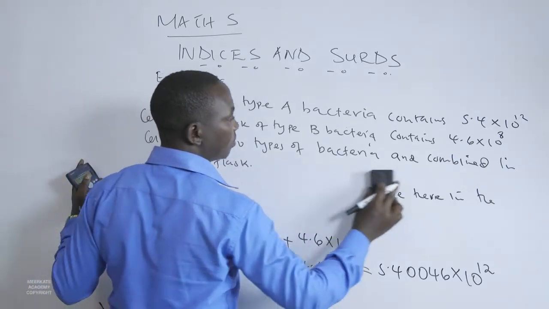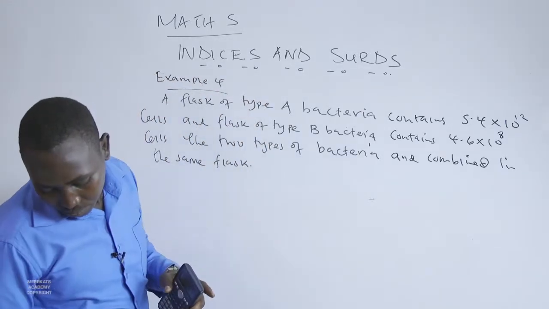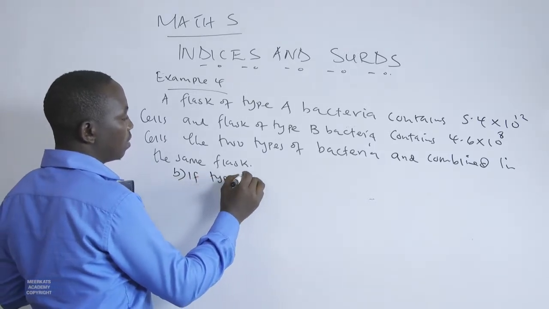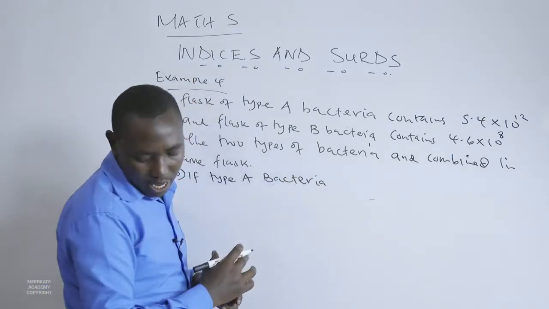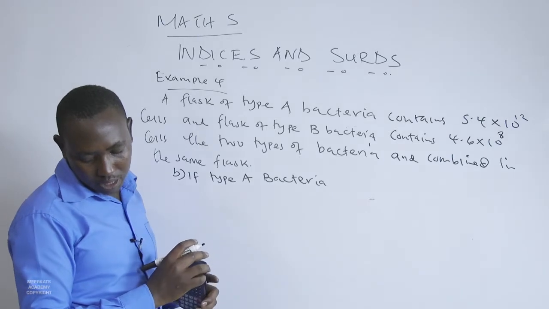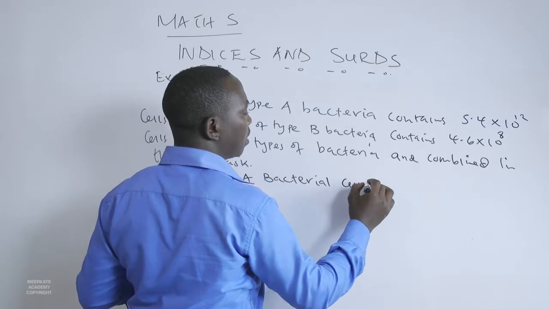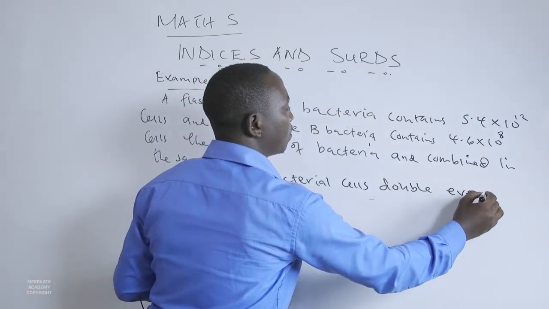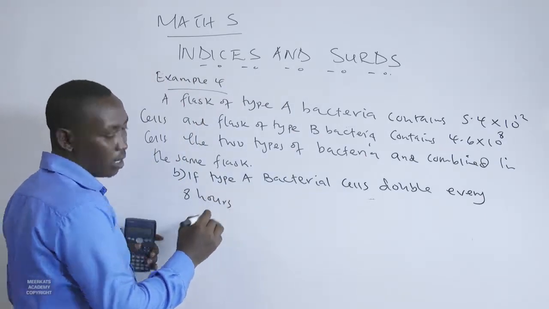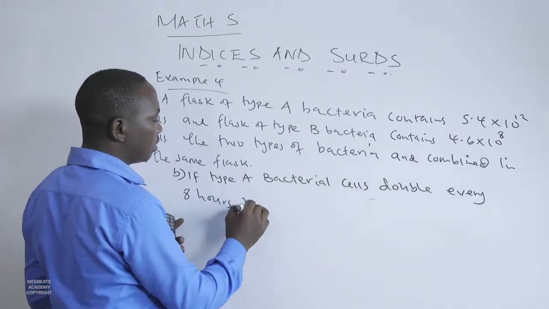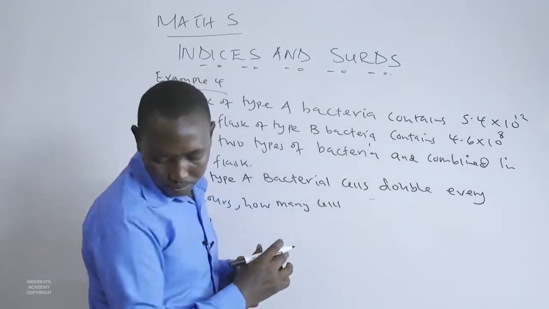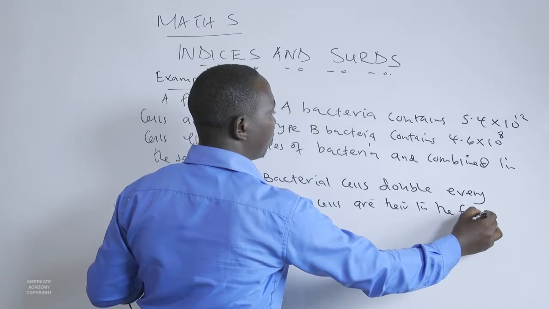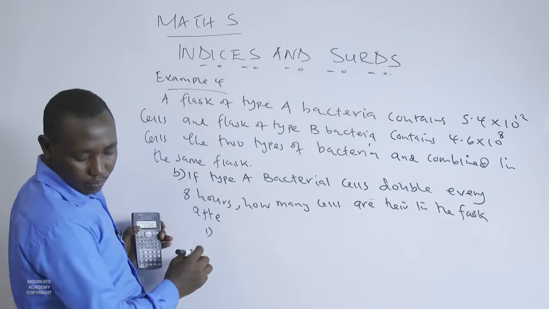Question B. We are told that if type A bacterial cells double, if they double every 8 hours, how many cells are there in the flask after one day?